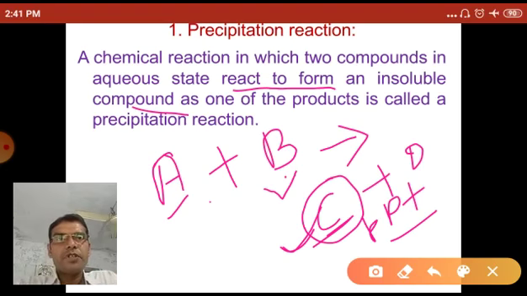So in a precipitation reaction, when two soluble compounds react with each other to form an insoluble compound as a product, this reaction is called a precipitation reaction, and that insoluble compound is called the precipitate, in short form PPT.